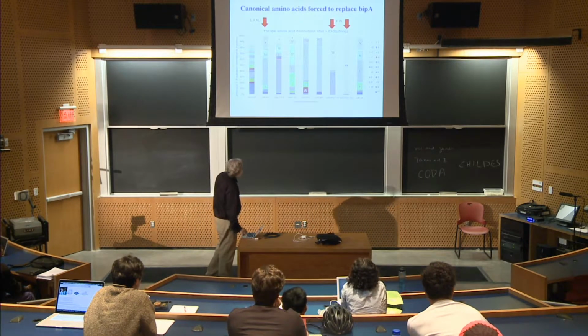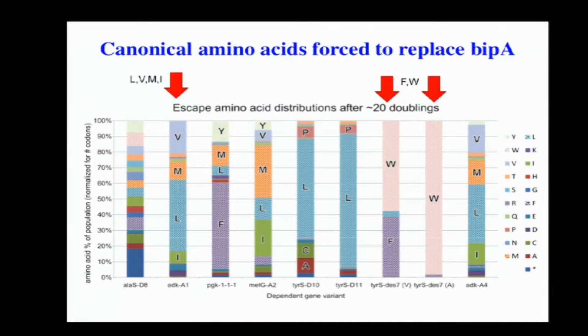That's what we did. So this is a profile. Before we could choose which 2 or 3 we wanted to use, we wanted to know what the spectrum was. So we forced in all 20 standard amino acids to replace the BIPA. We mutated them intentionally, synthetically, and saw what the spectrum is. Now this is not going to be the natural mutagenic spectrum.